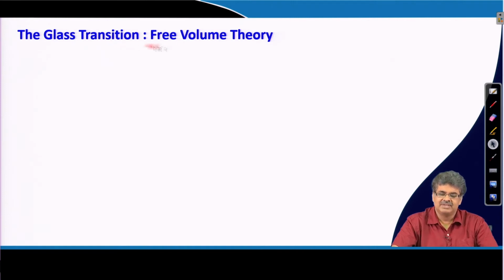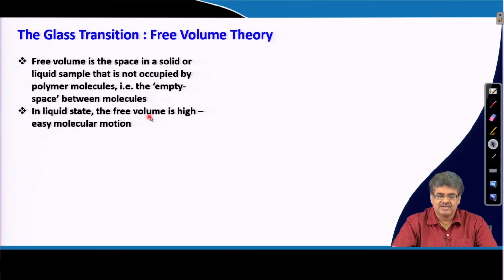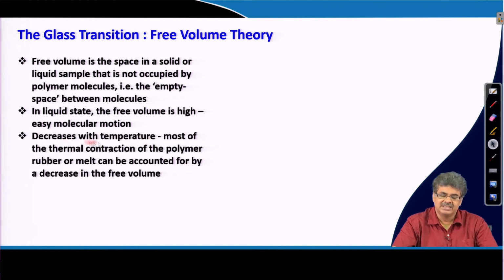Now, the glass transition phenomenon is also described from a free volume theory. Free volume is the space in a solid or a liquid sample that is not occupied by the polymer molecules, or the empty space between the molecules. In liquid state, obviously the free volume is high, which enables easy molecular motion, and with decrease in temperature, most of the thermal contraction of the polymer rubber or melt can be accounted for by a decrease in the free volume.